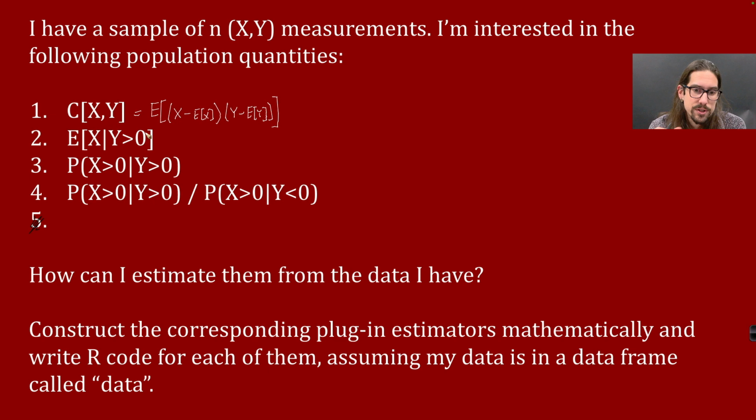Okay, so this is the population quantity. These are population averages. How do I turn this into something I can guess from the data that I have? The idea of the plug-in estimator, remember, is just replace the expectations with sample averages, or do whatever you would do to the population, do it to the sample. In the population these would be averages over everyone. In the sample, I'm just averaging over the data I have.